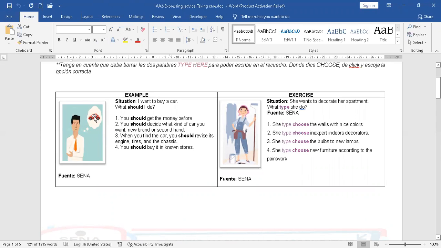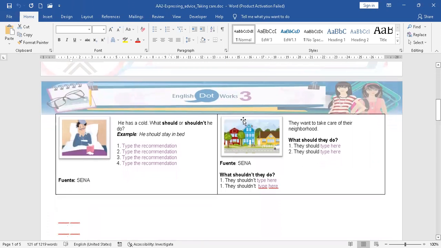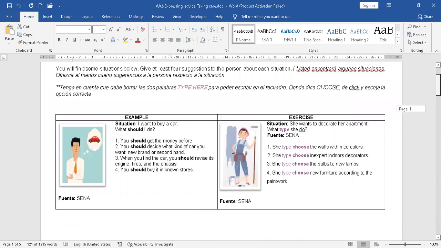Es rojo, ¿cierto? So the situation is, I want to buy a car. He wants to buy a car. What should I do? ¿Cierto? Quiero comprar un carro. ¿Qué debo hacer? So me, I have to give this person, in each situation, four suggestions.